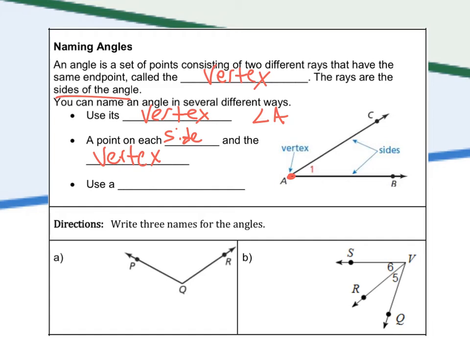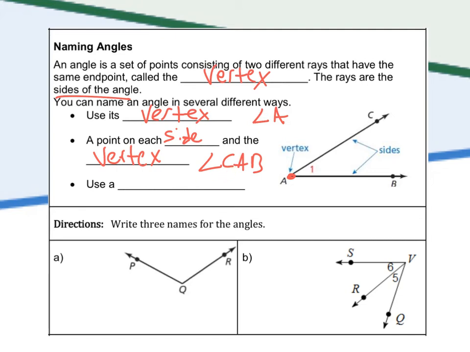So we could say this is angle CAB. That's another way to name the same angle. It's kind of like, you know, my friends know me as Al, but when I get in trouble and my mom calls me, she says, "Hey, Caleb Al Bailey, get over here." That's like the full name, and Al is just a shortcut.